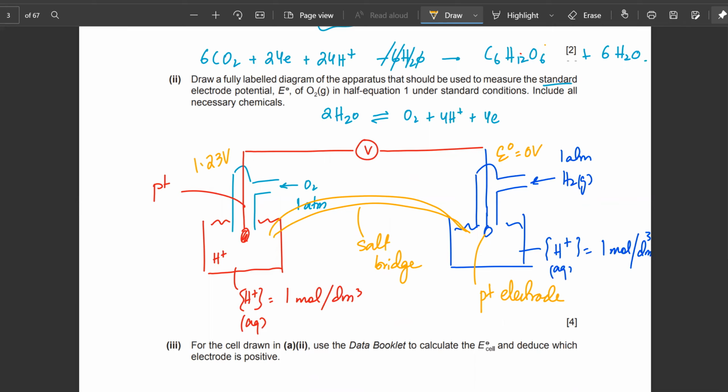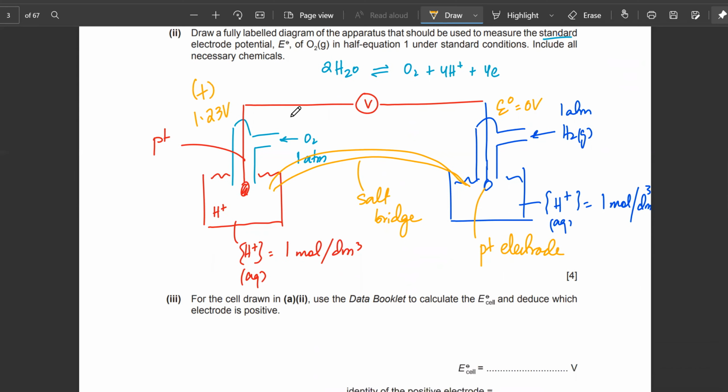So for the cell drawn, use the data booklet to calculate the E0 cell and deduce which electrode is the positive one. The positive one is the one that's at a higher potential. So the left-hand electrode is the positive one, and you can measure the E0 cell: higher potential minus lower potential, or reduction potential minus oxidation potential.